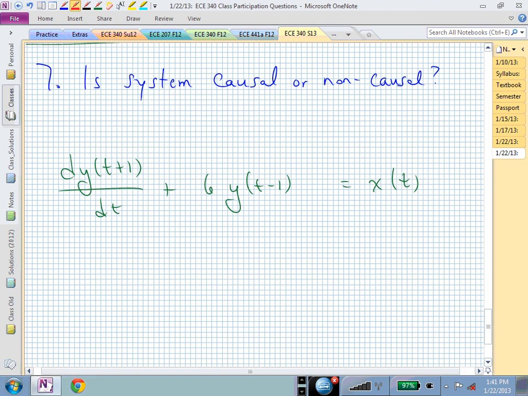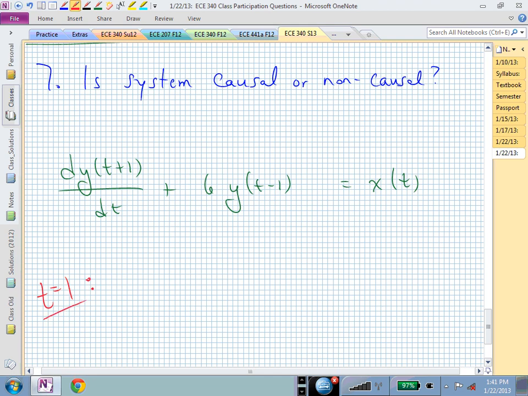Causal or non-causal? Non-causal. What did you use for t? 0. I want everything to be positive, so I'm going to let t equal 1. I don't want to go negative and positive.